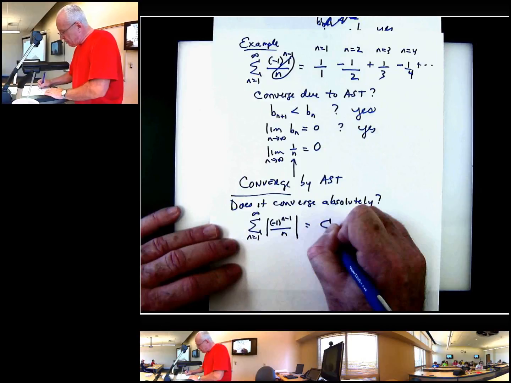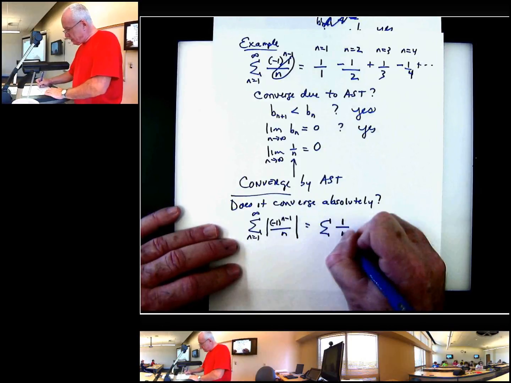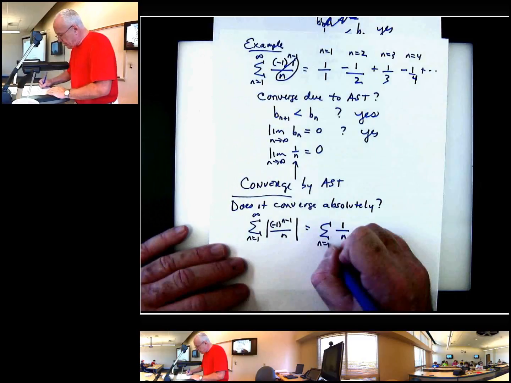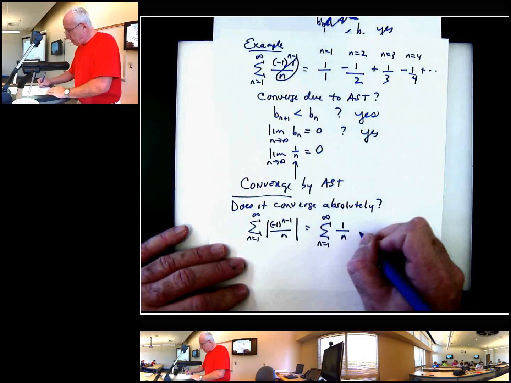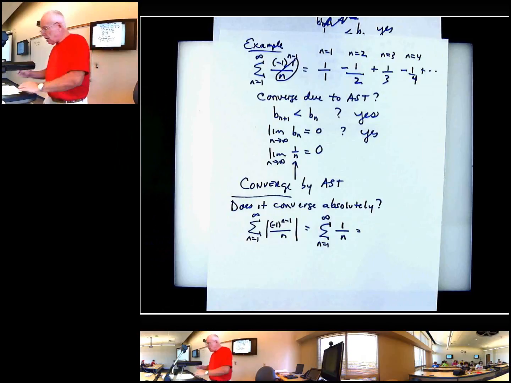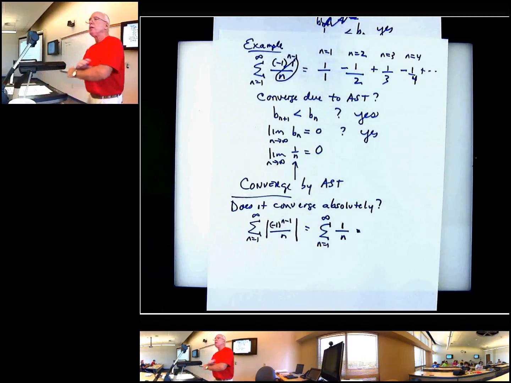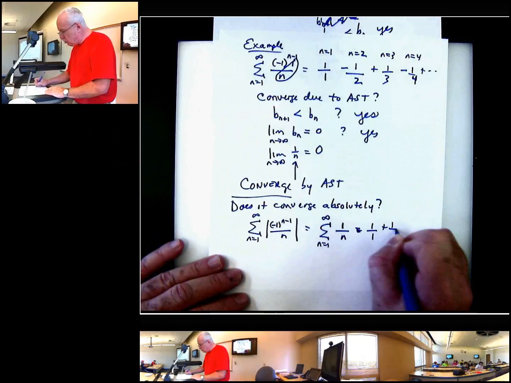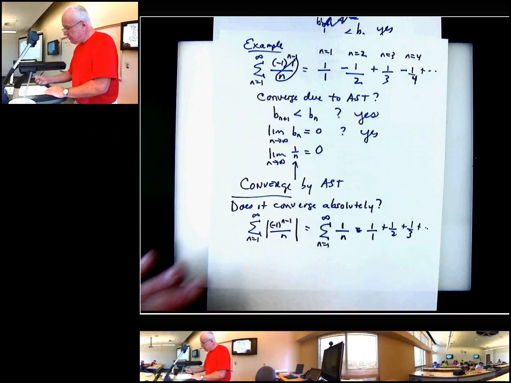And of course, that's just going to be always a 1 on top and an n on the bottom. N is positive, so that's what the absolute value is. So this is the summation of 1 over n. I'll write out a few terms. This is 1 over 1 plus 1 over 2 plus 1 over 3, etc.